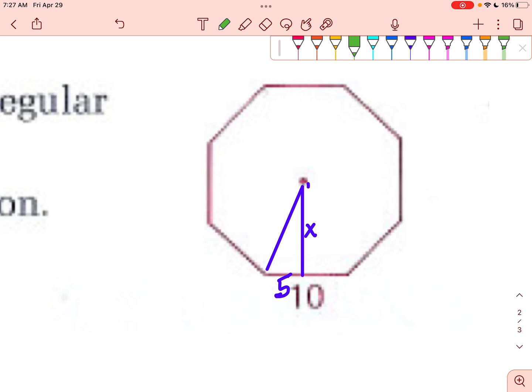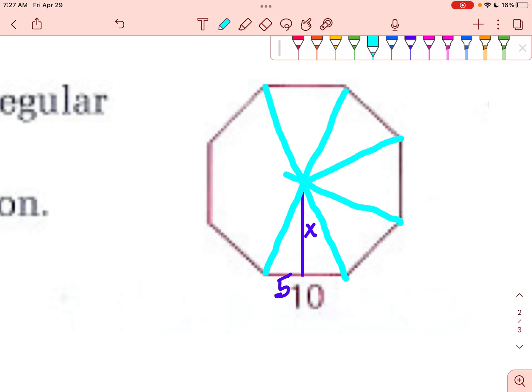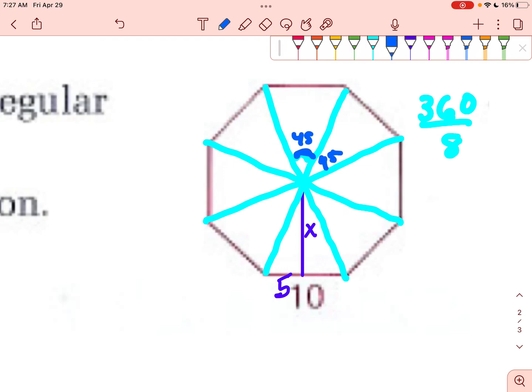So first of all, what I would probably do is I would create my 8 congruent triangles right here. And so I would do 360 divided by 8 to get this angle. So let's do 360 divided by 8, 45. So this angle right here ends up being 45, which means all of these top angles end up being 45.